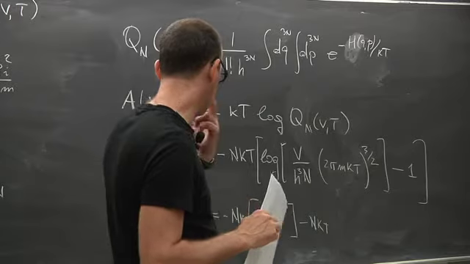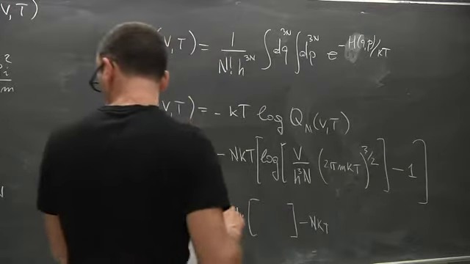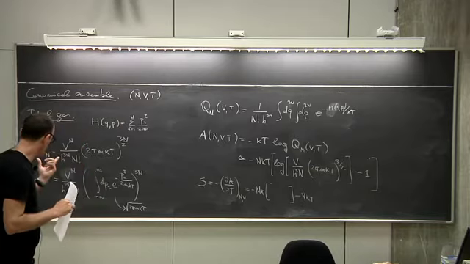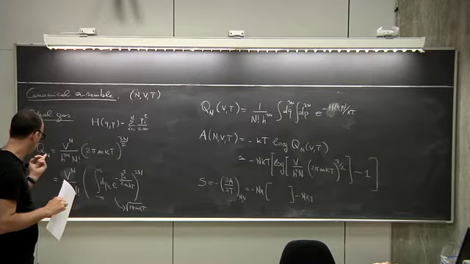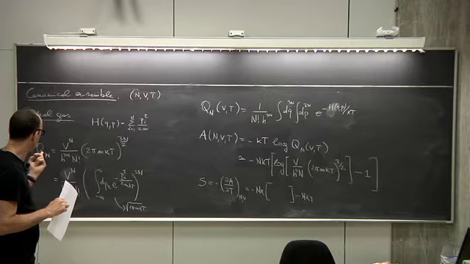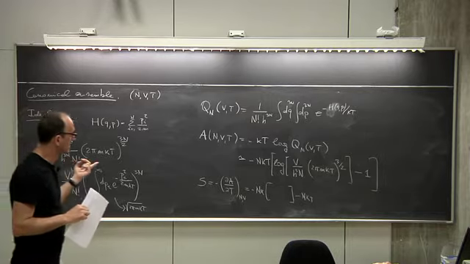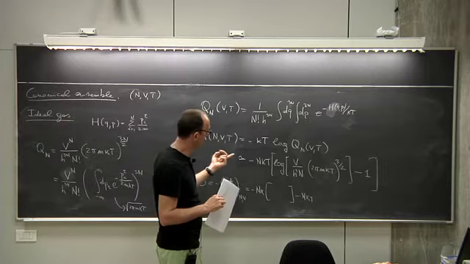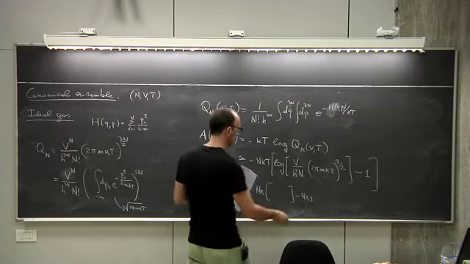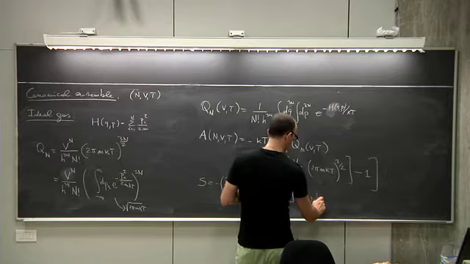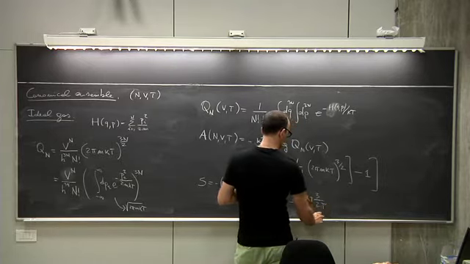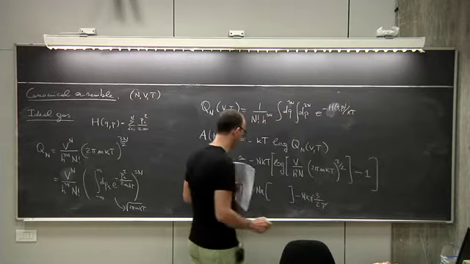So this will give you 3 over 2 divided by T. So this cancels this.